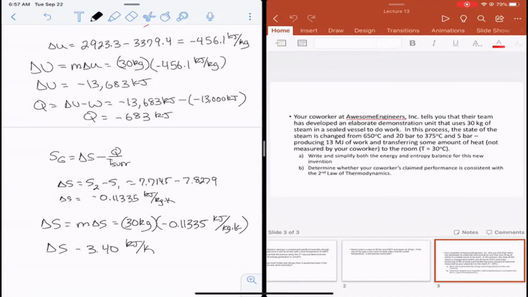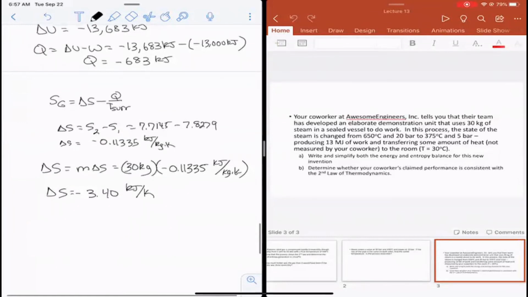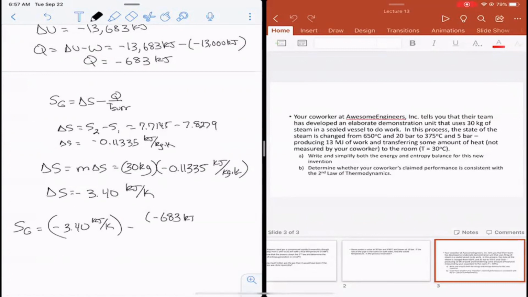But this doesn't mean automatically that we don't satisfy the second law, because the change of the entropy of the system can be negative. The thing that we're really looking for is that the entropy of the universe, which is both of these terms, is greater than or equal to 0. So if that's the case, then we can find the generated entropy as delta S, which is minus 3.40 kilojoules per K, minus the heat that was transferred, which we calculated was minus 683 kilojoules, divided by our temperature in Kelvin.